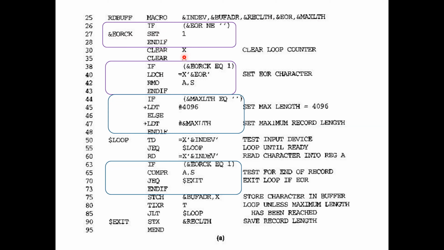And you have 2 statements which don't come under the conditional block. Then it starts with the next if condition. Again, if &EORCK, which we have set with 1, equals 1, then we do our operation LDCH equal to X&EOR. Here &EOR is whatever parameter is passed, and it will be replaced in this argument.